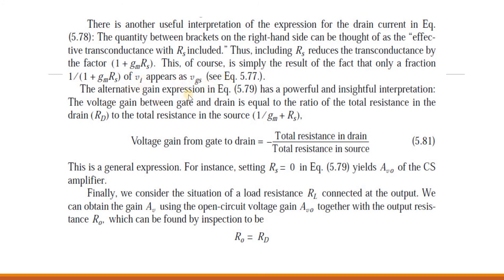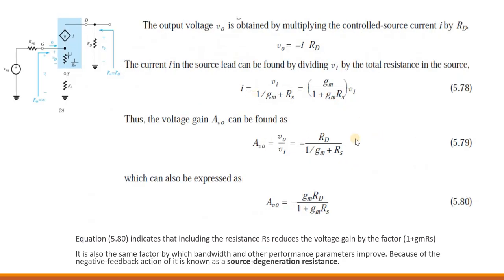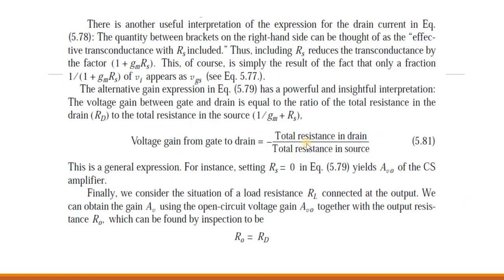The alternative gain expression has a powerful and insightful interpretation. The voltage gain between the gate and the drain is equal to the ratio of the total resistance in the drain to the total resistance in the source. That is, RD divided by 1 over Gm plus Rs, with a negative sign.